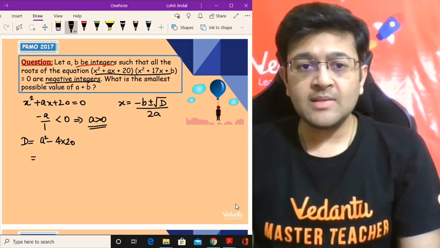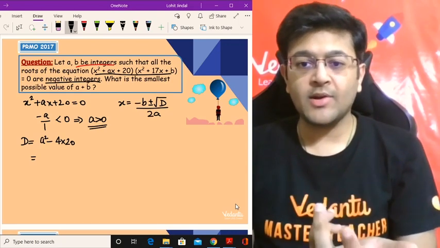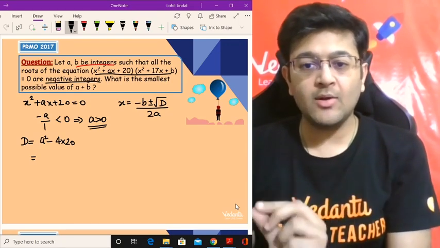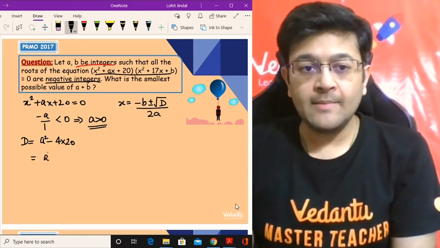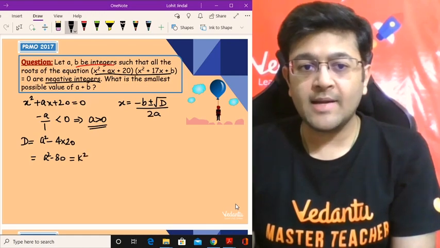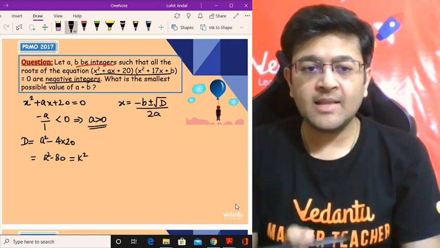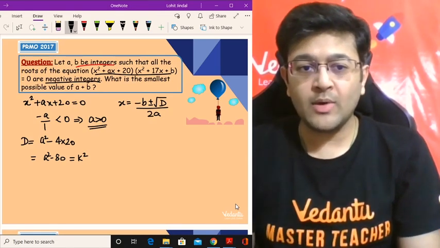So see, you have to calculate the minimum possible value of a plus b. So I would try to make a minimum and b also a minimum value. So a square minus 80 should be positive and should be a perfect square, right? So what is the minimum value of a that I can put in this expression so that it is a perfect square?